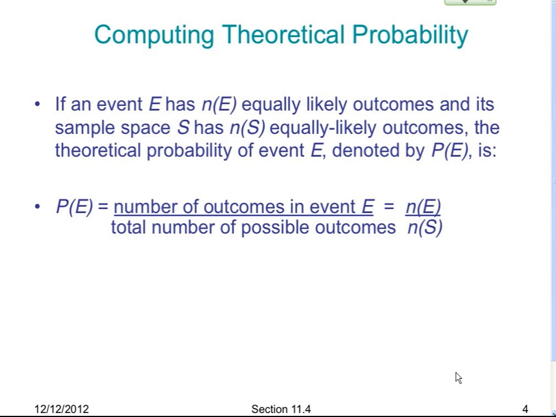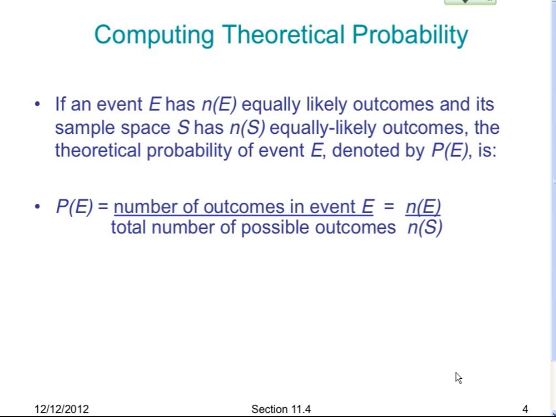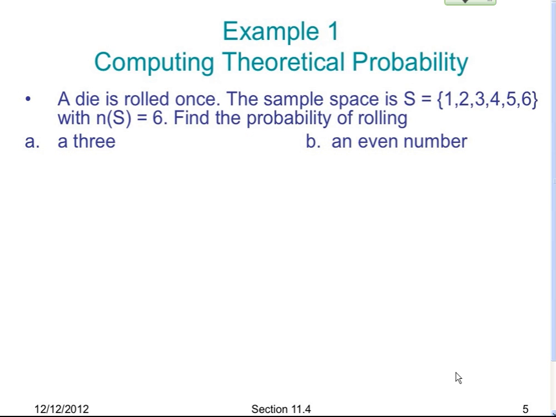Actually calculating theoretical probability, you have a formula here. I've found that this is easier if I show you an example. A 6-sided die is rolled, and the possibilities are 1, 2, 3, 4, 5, and 6. Remember, N of S, N stands for the cardinal number.